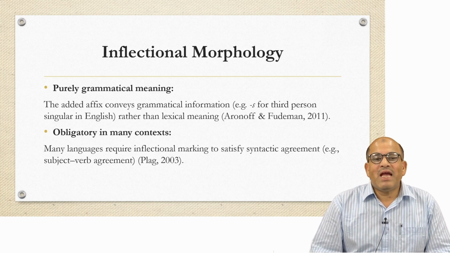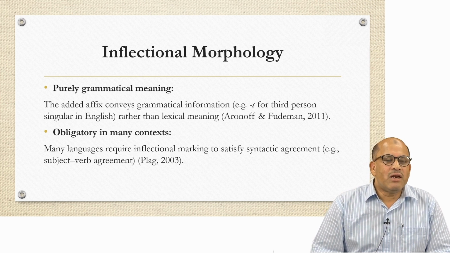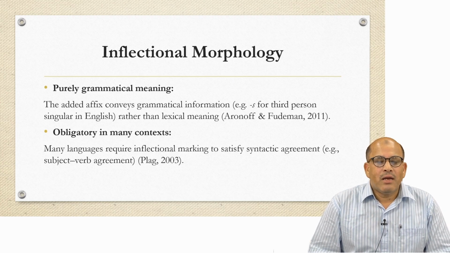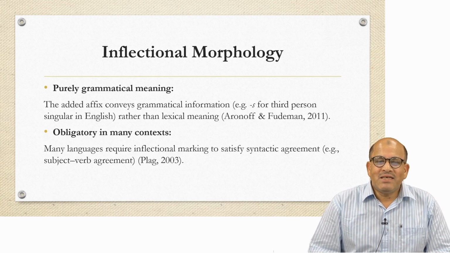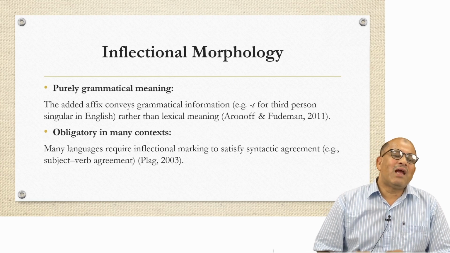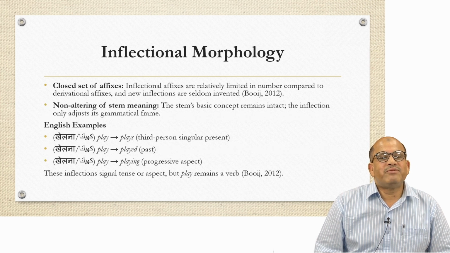It is also obligatory in many contexts. Many languages require inflectional marking to satisfy syntactic agreement, like subject-verb agreement. If the subject is masculine singular, the verb will accordingly agree with that subject.